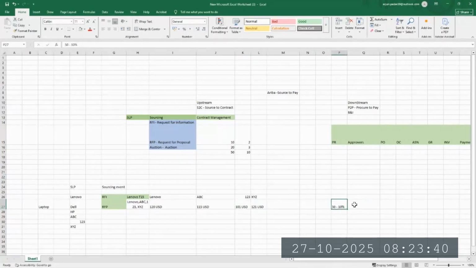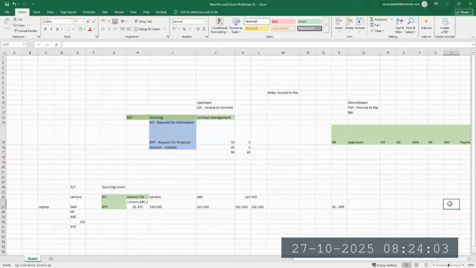Then the PR will be reviewed by the approvers, and it will be converted into a purchase order. The supplier will review the purchase order, do the order confirmation, and send the advance ship notice mentioning when he will be delivering the item. When the item reaches the organization, the buyer will do the goods receipt.